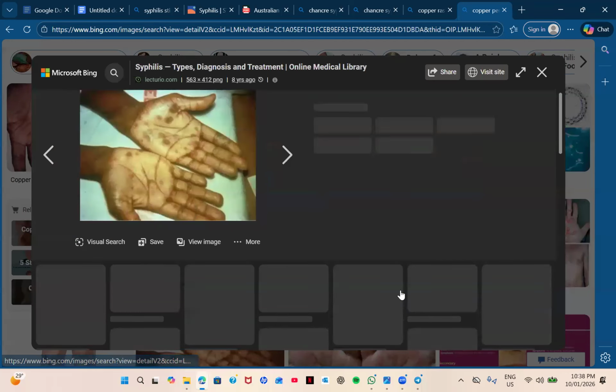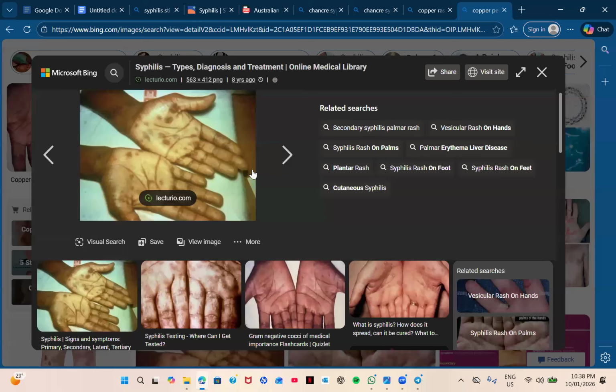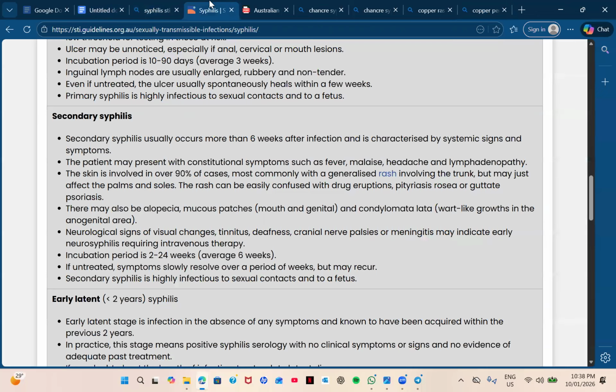Here, there's a good picture. This is the copper rash. Okay. So, yeah, this is the copper rash. But usually this can be seen on the palms and soles. Palms and soles. Okay.